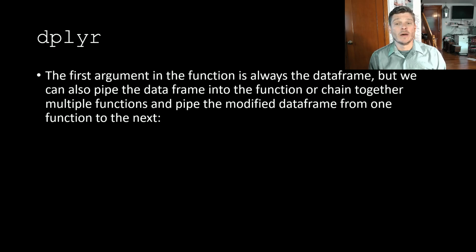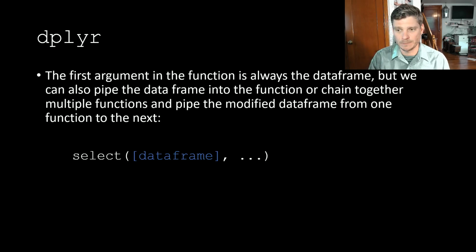Now, a few things to keep in mind with each of the functions we're going to discuss today. The first thing is that the first argument in the function needs to be the data frame. So the first thing inside my parentheses needs to be my data frame, or we need to pipe the data into that function. All right. Either way, it's got to start with my data frame. So we choose our function, and one of the functions we're going to talk about in this lecture is the select function.